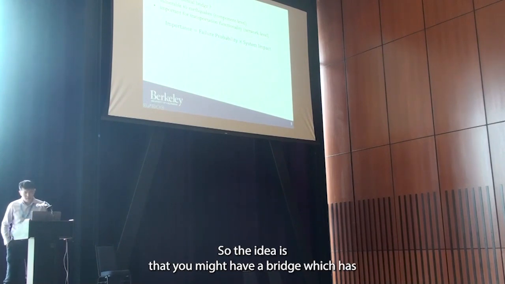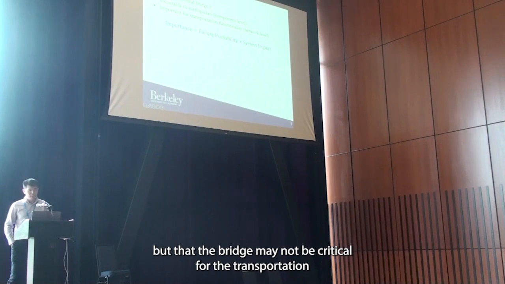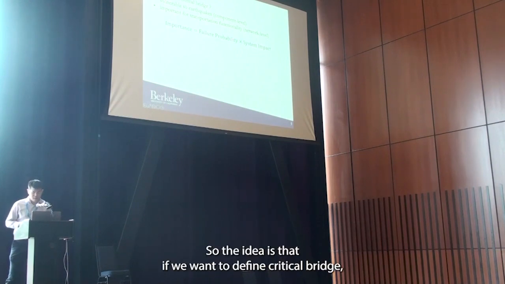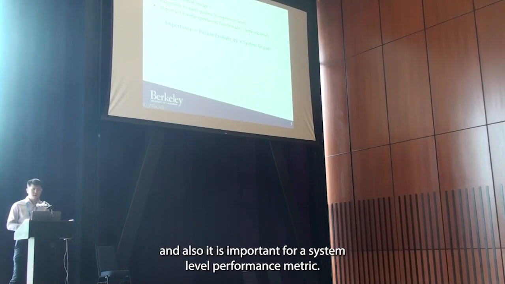You might have a bridge which has a large failure probability, but the bridge may not be critical for the transportation functionality at a global level. So if we want to define a critical bridge, it should satisfy these 2 criteria: it's easy to fail, and also it's important for a system level performance metric.